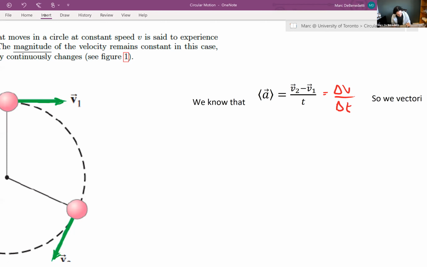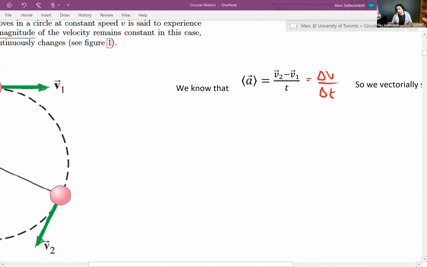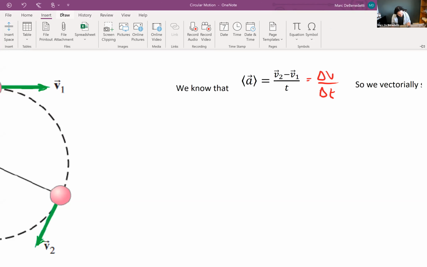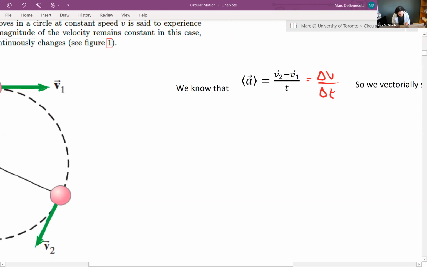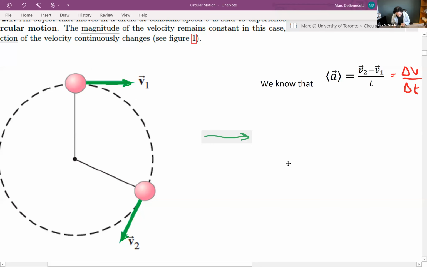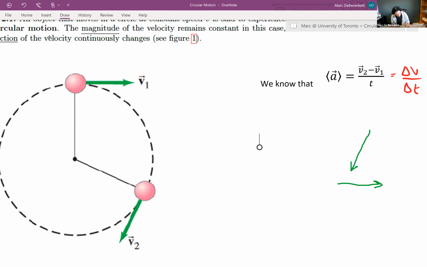And it just occurs to me, I'm still drawing in red. Let's go to black. So this is just an equation. We can vectorially add, or in this case subtract, these values. There's vector v1. There's vector v2. Let me label this.